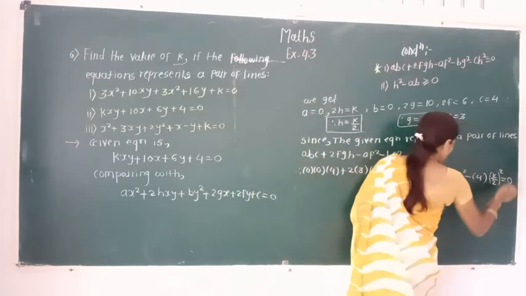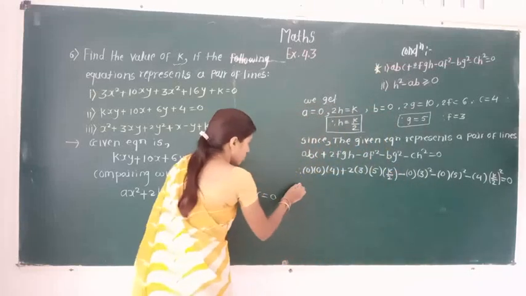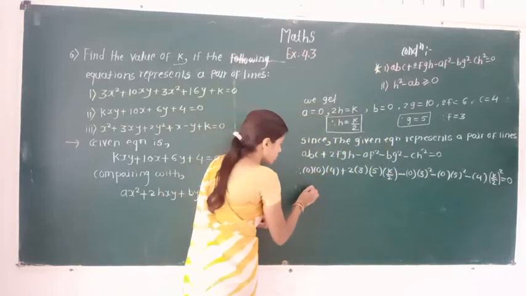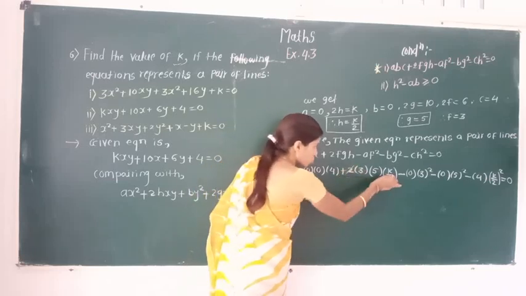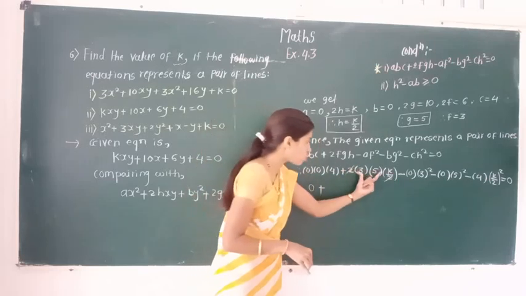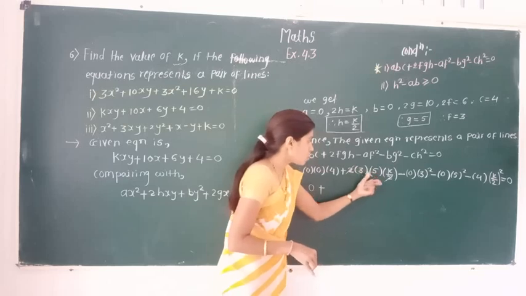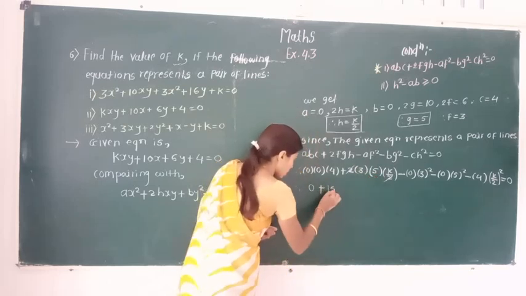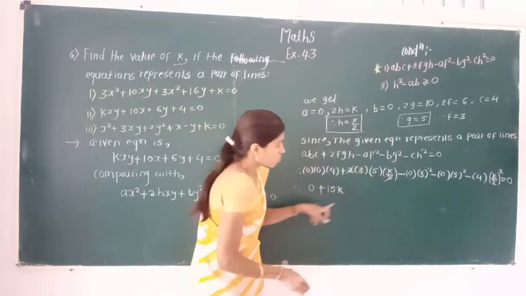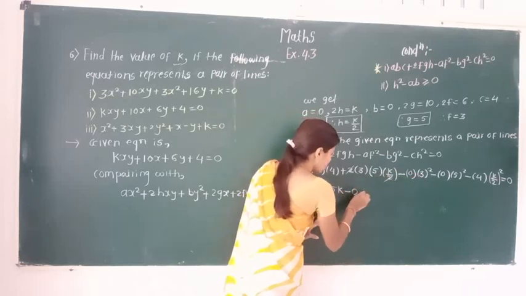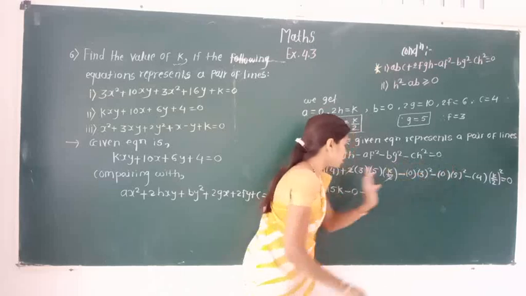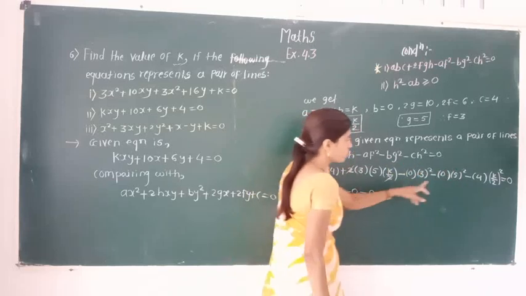Now simplify this condition. Take the product of these three terms, we get 0 plus, and in that case these two terms get cancelled. Take the product of these two terms: 2 times 3 times 5 times k by 2 is 15k. Minus 0 into any term gets 0, and also 0 into any term gets 0.